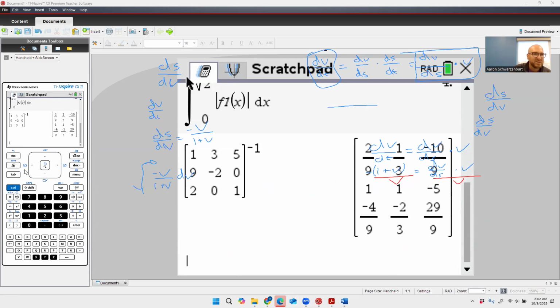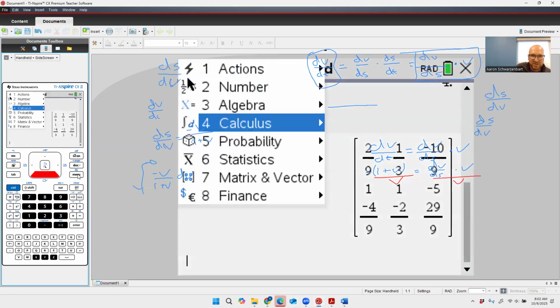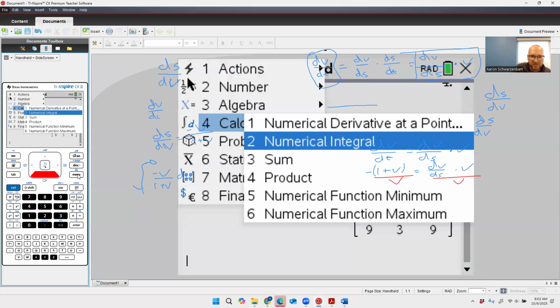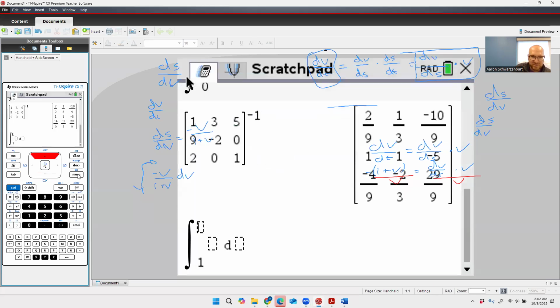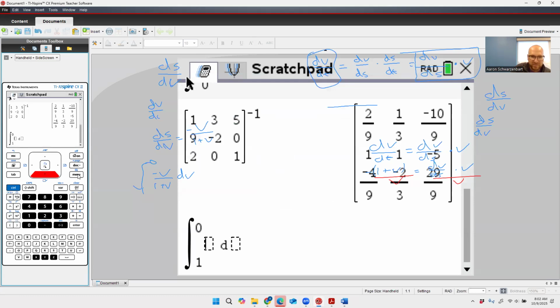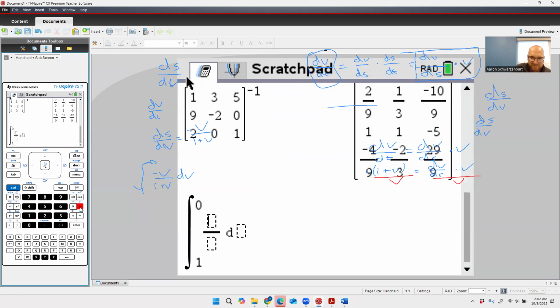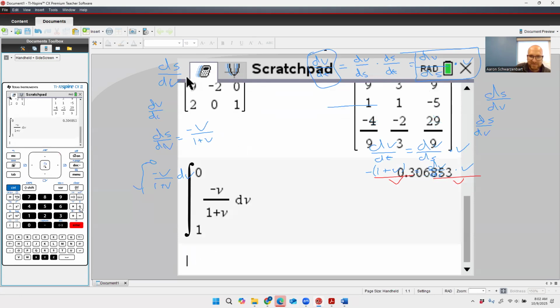Menu, calculus, numerical integral, 1, 0. I'll just put the negative on top. And I get 0.0306 or 07. And that is my answer.